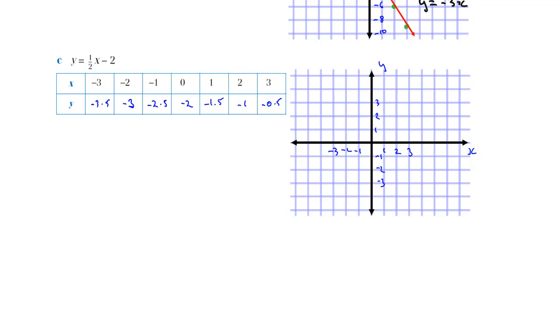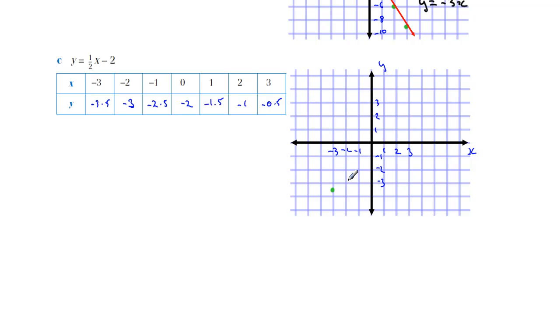So now it's time to plot the points. So -3 x matches -3.5 y. So we go down to here because that's -3, so that's -3.5. Then we've got -2 and -3.